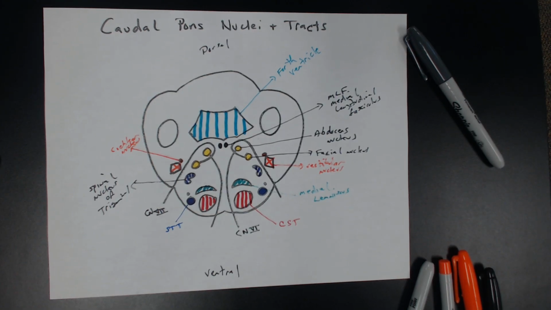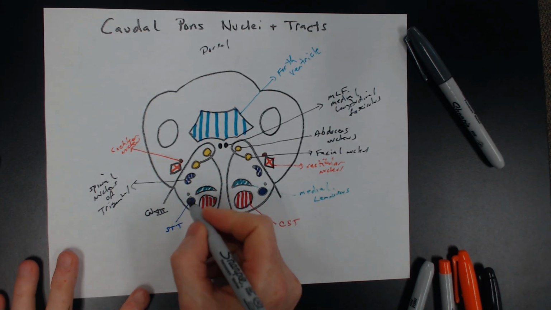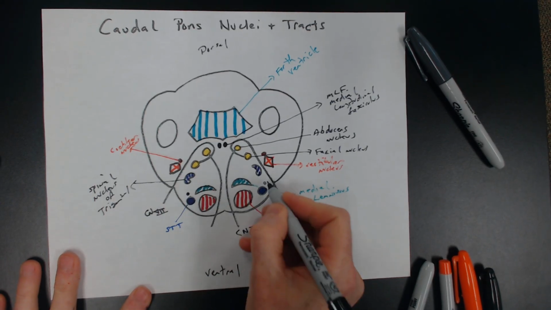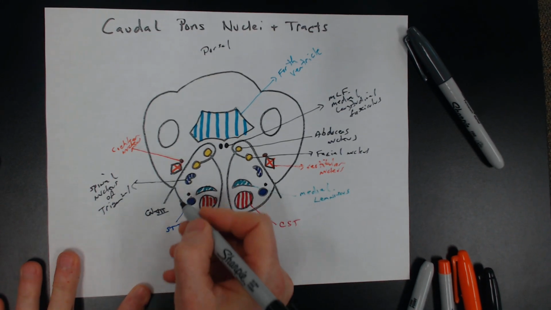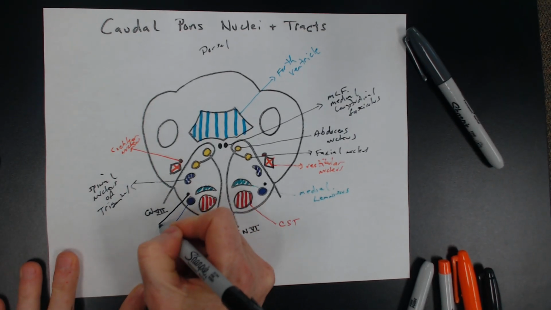And the other one we just talked about today, and we'll talk about later on, present here, usually travels around with the STT. This is going to be your sympathetic tract.